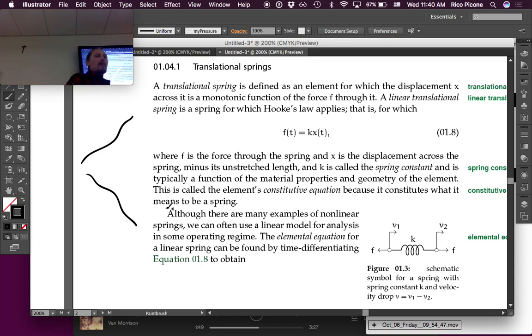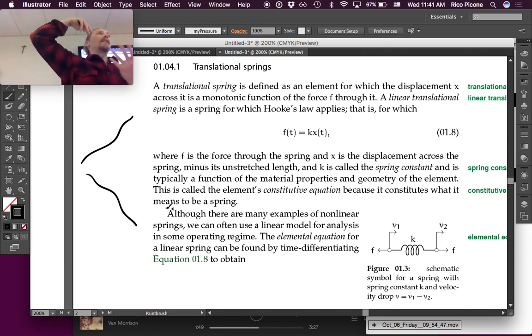You could model the rubber feet on a table leg as being springs because you can compress them, and then the force that they exert increases as you compress it. So you could think of that as being a spring.